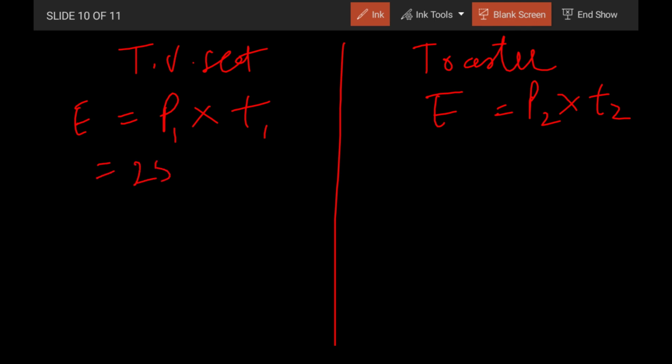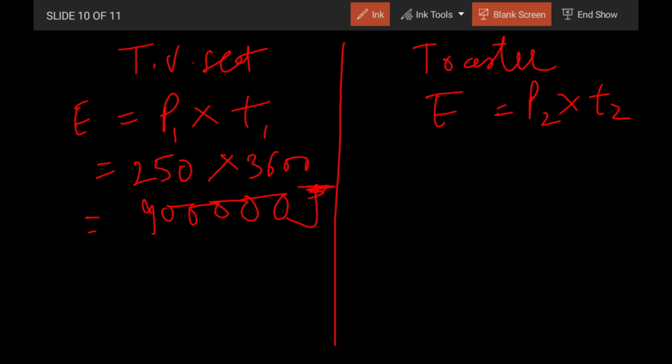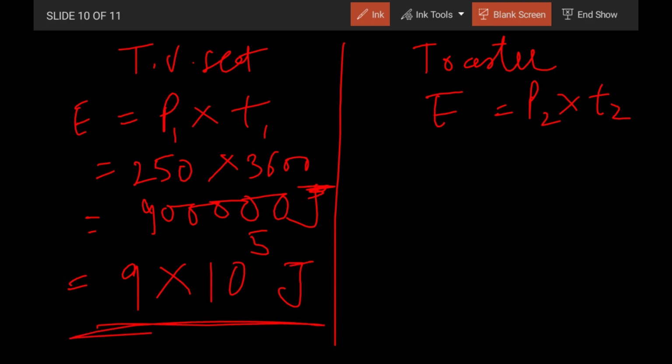We get 250 into 3600, this much joules of energy. We can write it like this: 9 into 10 to the power 5 joules. So this much energy is utilized by your TV set.